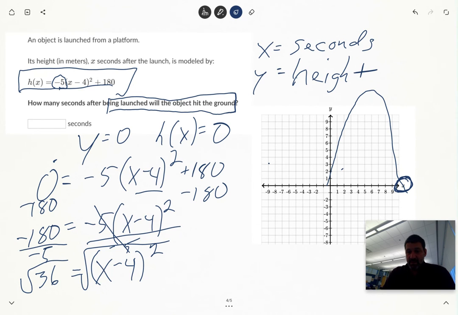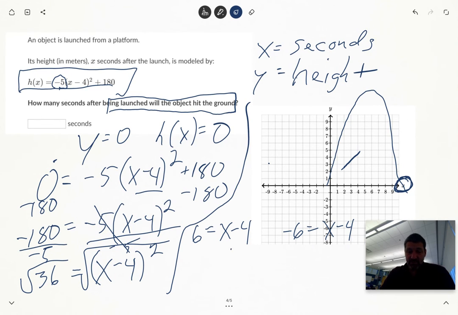I'm going to run out of room here in a second. But that would give us square root of 36 is 6. And then that would equal the x minus 4 when we take the square root of that x minus 4 squared. But it is also equal to -6 equals x minus 4.